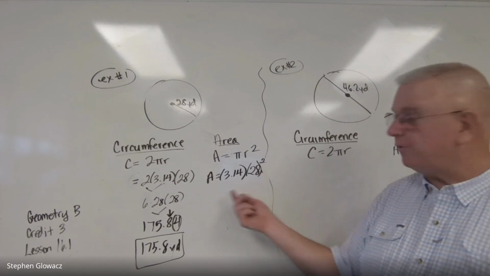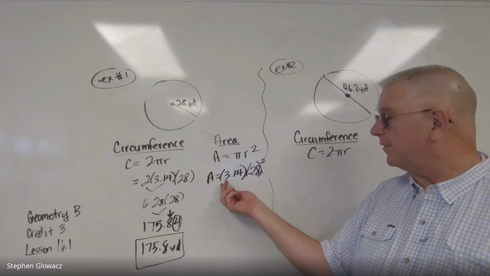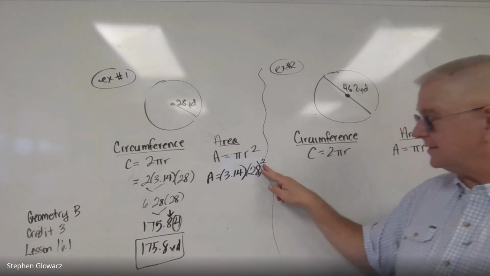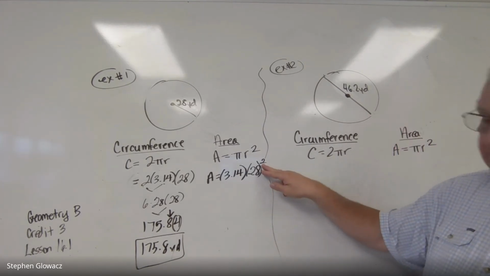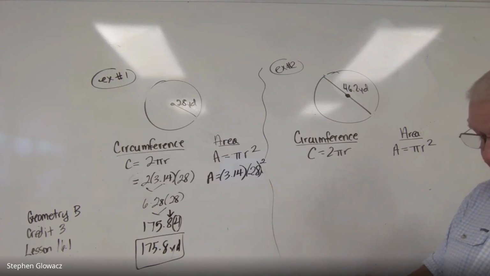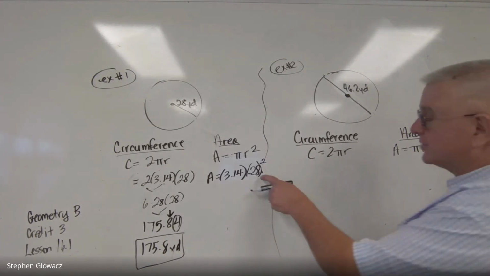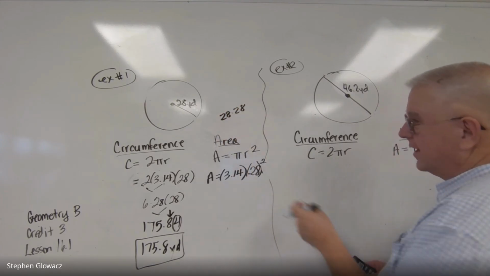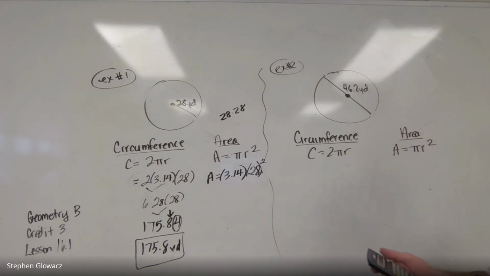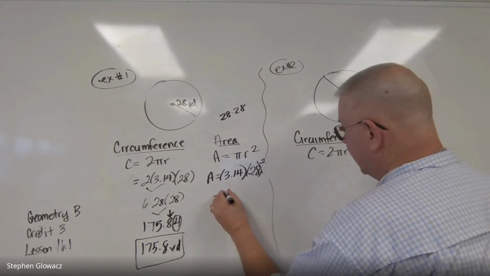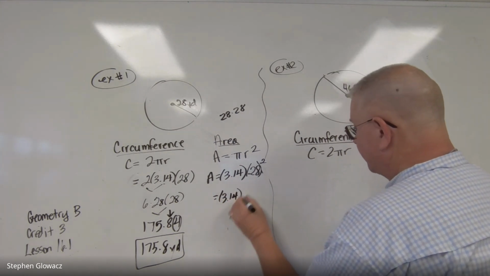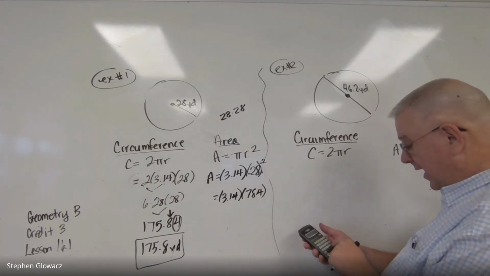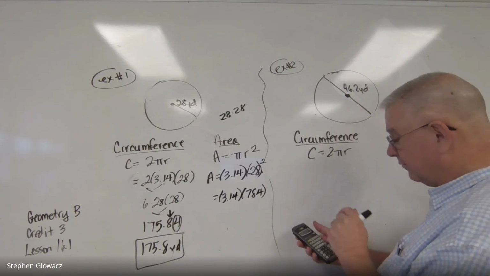Intuitively, we typically want to work things the way we read, left to right. But since order of operations tells us exponents first, we're going to do the exponent first. Remember what 28 squared means. It means 28 times itself, or 28 times 28, and that gives us 784.